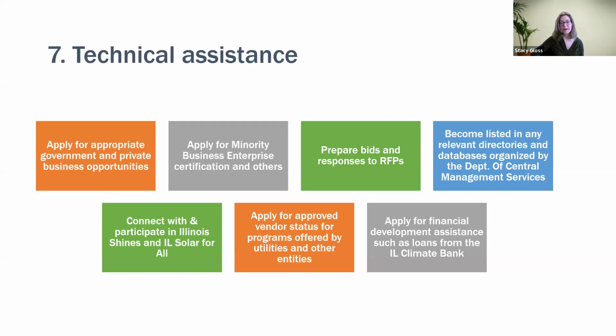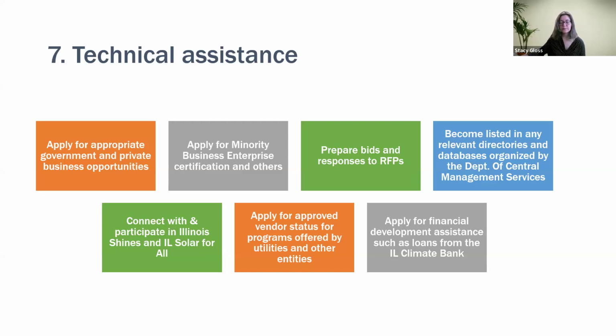Program leads provide training and technical assistance to help participant contractors. They will help the participants apply for government and private business opportunities, help apply for minority business enterprise certification and other relevant certifications. They can help prepare bids or responses to requests for proposals. They can help the participant become listed in relevant directories and databases organized by the Department of Central Management Services.